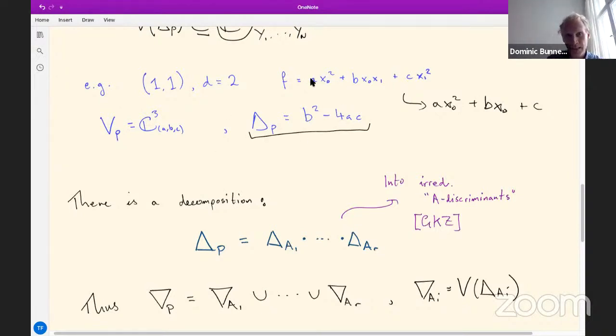So v of p is equal to c3. The coordinates are given exactly by these coefficients here. So this is our 3 dimensions, and the polynomial in these coefficients telling us when this is singular or not is exactly the classical discriminant.